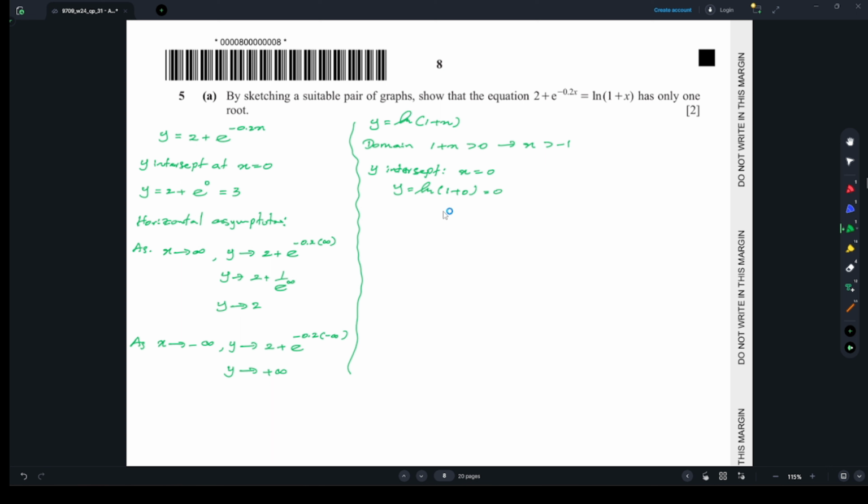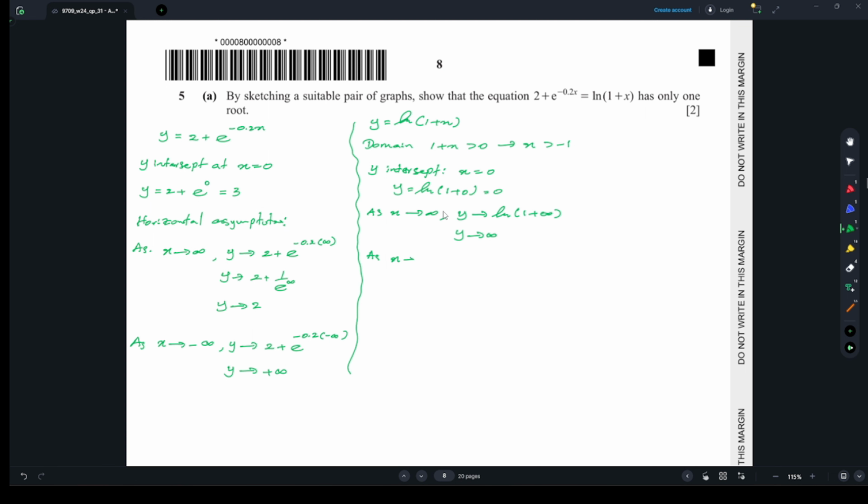And then we can find, as x goes to infinity, what will happen to y. When x goes to infinity, y goes to ln(1 plus infinity), so ln infinity. ln infinity is infinity. So y goes to infinity.